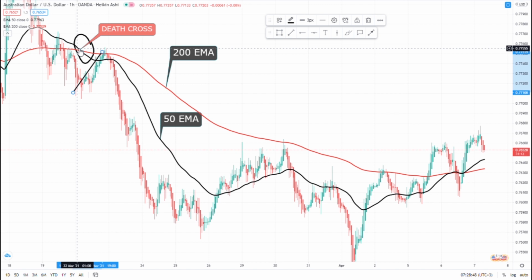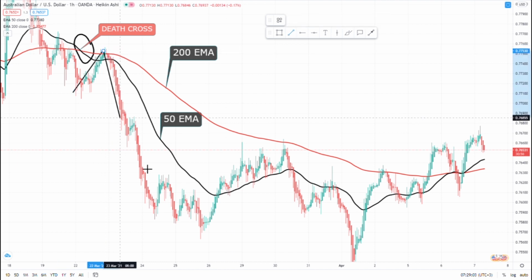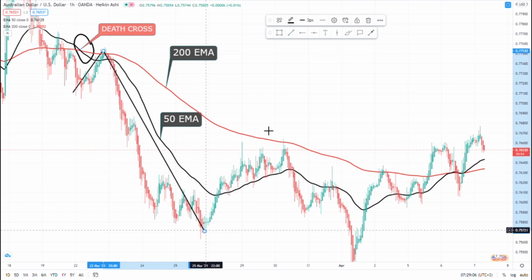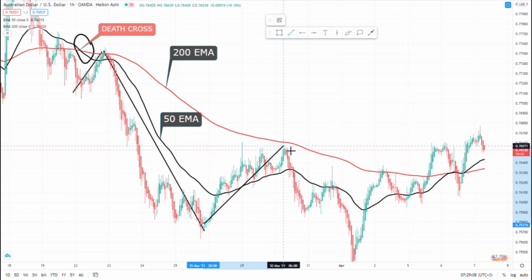So whenever a death cross or golden cross occurs, you need to understand two things. A death cross brings a long-term downtrend. So as you can see, this is a huge downtrend. Even if the buyers were trying to pull the price to the 200 EMA, because in our case the 200 and 50 EMA react as resistance.